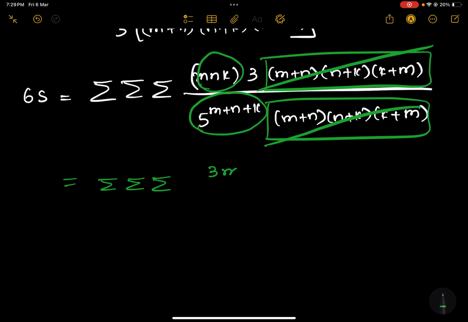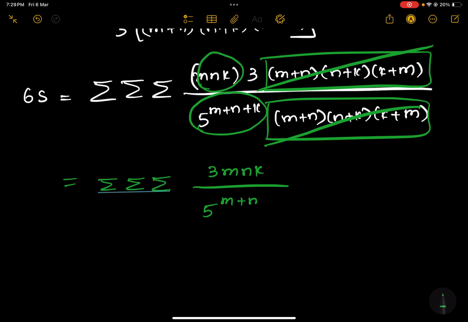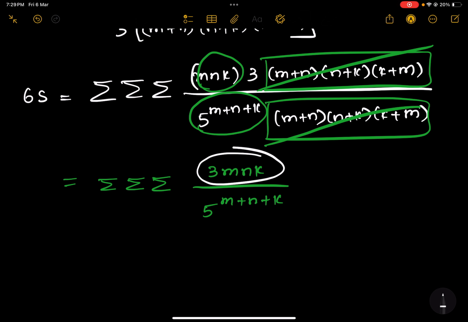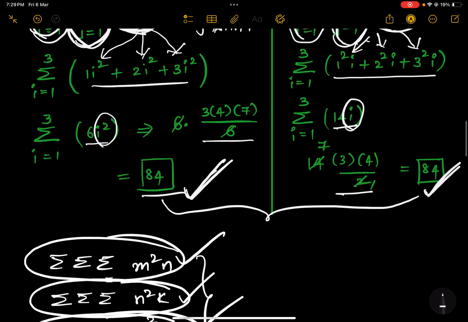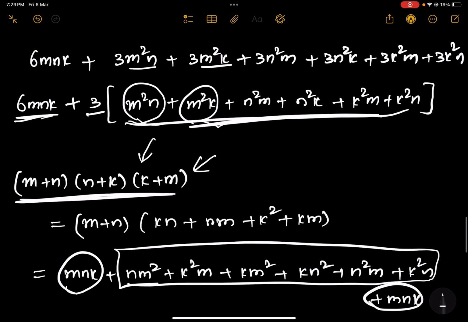So in the numerator you have 3mnk, and in the denominator you have 5 to the power m plus n plus k. If you observe this function, this is a symmetric function and this is another symmetric function. So the total function is symmetric. The idea is to convert a non-symmetric function given in the question into a symmetric function.